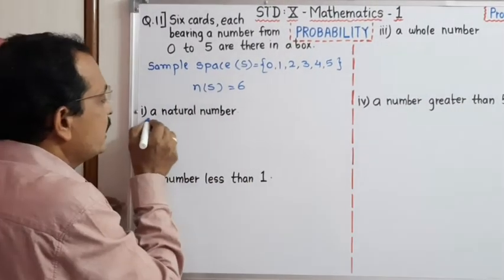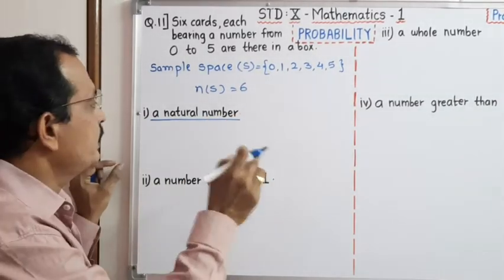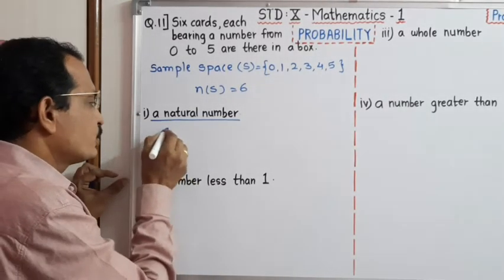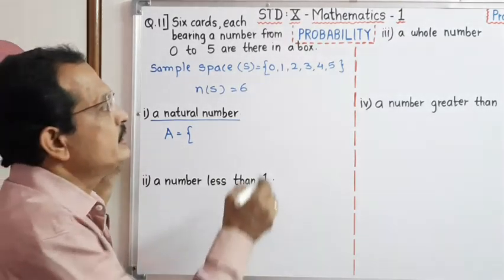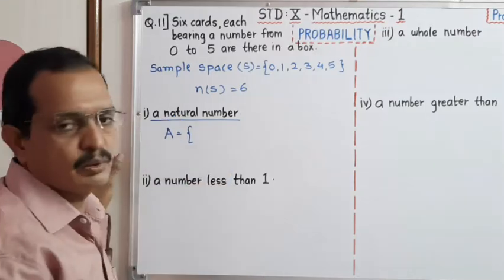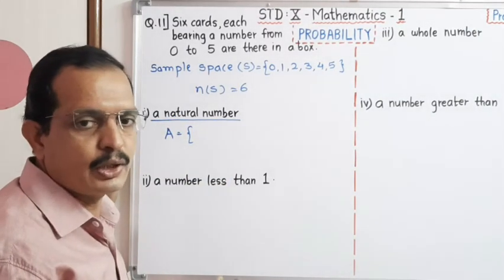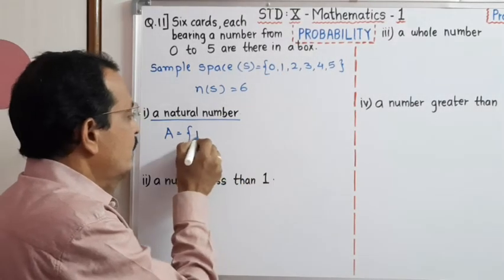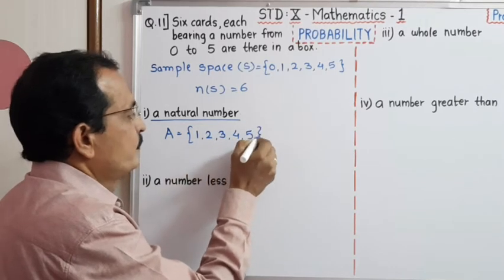Now an event A is there: the card is a natural number. For this event A, we have to write the numbers which are natural numbers. Dear student, natural numbers are the numbers which we use for counting, and that starts from 1. Therefore, 1, 2, 3, 4, 5.